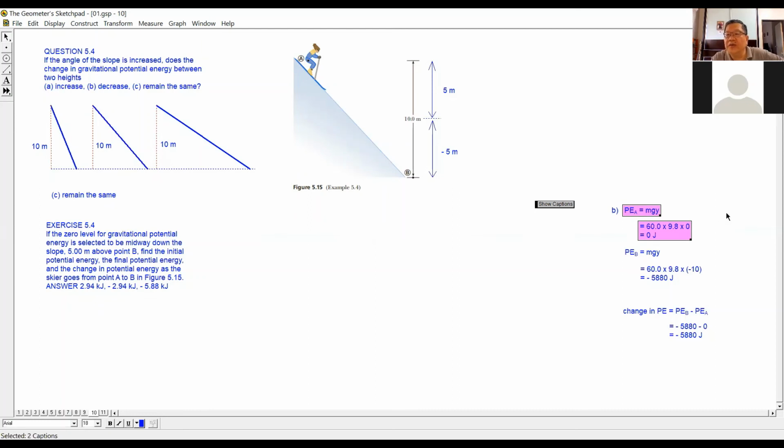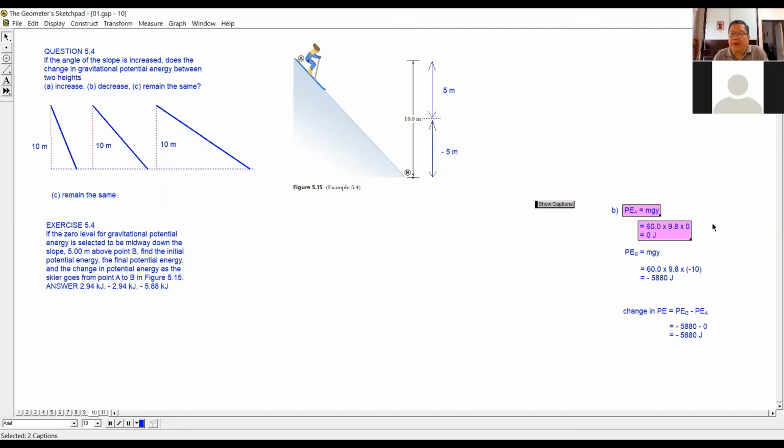Can you calculate the potential energy at A? Use the formula mgy. M is 60, times g, 9.8, then how much is y? Times 5. Correct, 2,940 joules.